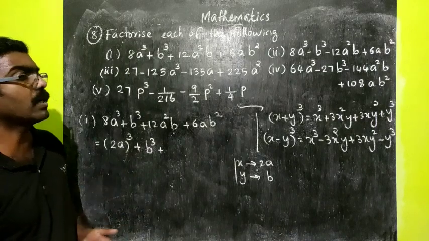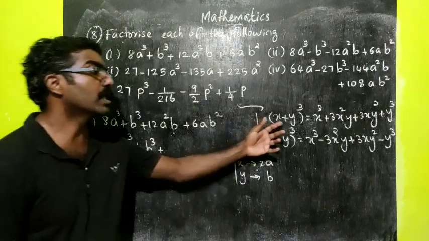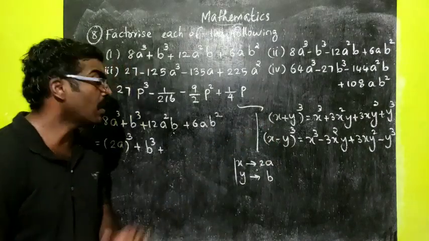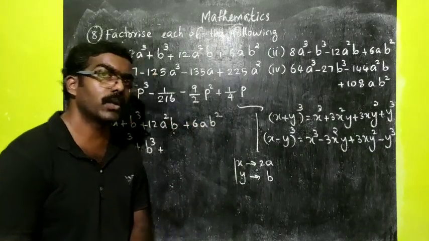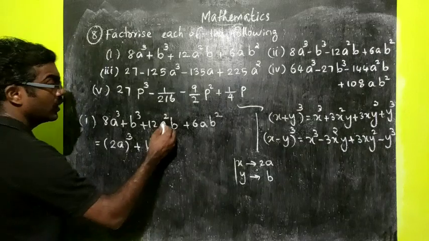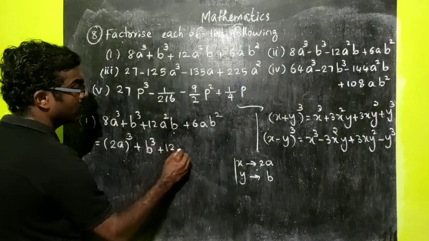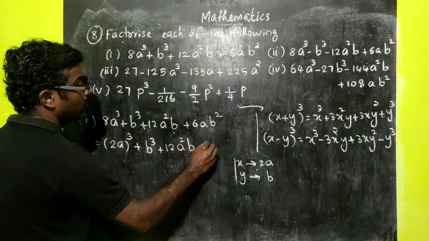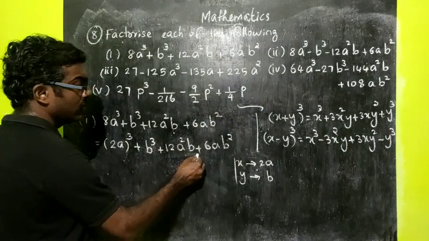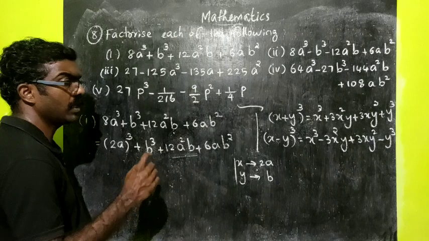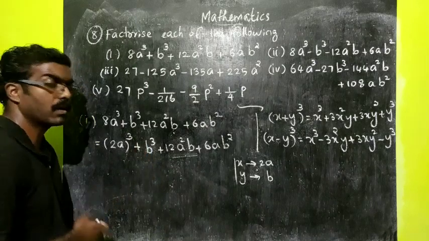So we can easily convert it into which form? (x + y) the whole cube, because all the terms are positive. So the identity will be (x + y) the whole cube. The next two terms we can write as it is: 12a square b + 6ab square. We can also check the terms. 12a square b means 3x square y.